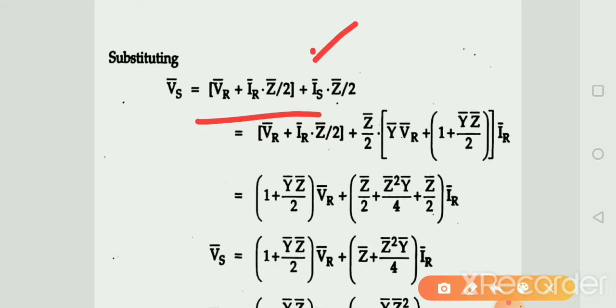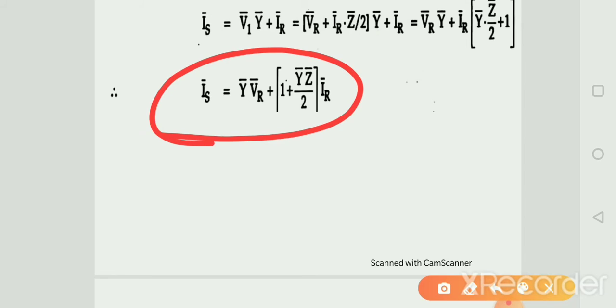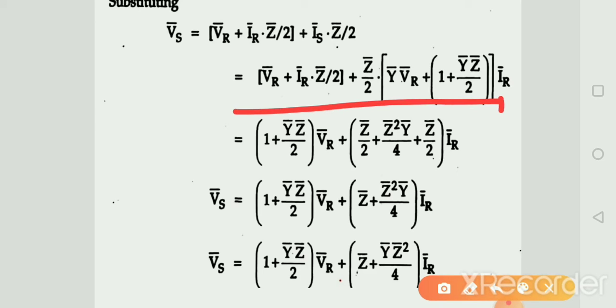So we put the value here, VR plus IR Z by 2, plus Is into Z by 2. So now we also put the value of Is. We can get Is equal to VR into Y plus (1 plus YZ over 2) into IR. Now when we substitute both values, we get the next equation: (1 plus YZ over 2) into VR plus (Z by 2 plus Z square Y by 4 plus Z by 2) into IR.